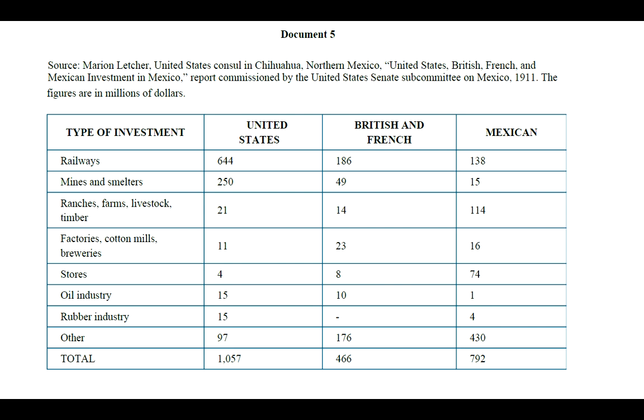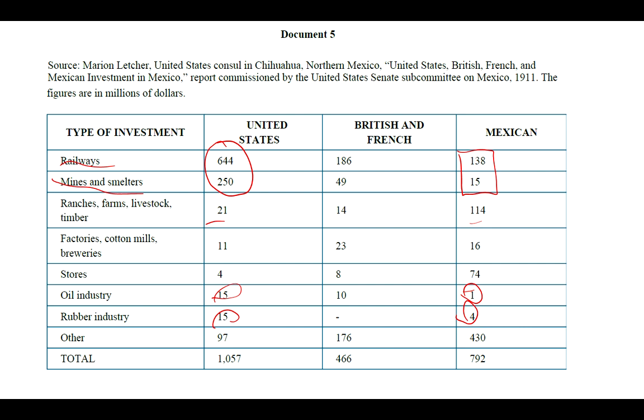But what we have here is American investment in railways and mines and smelters is much more than that of Mexico. Now, that's not true with, let's say, here, but it is true in some of the major industries, like oil.